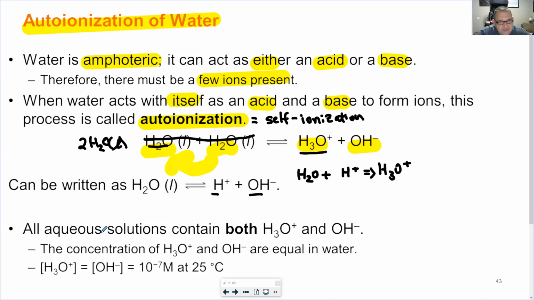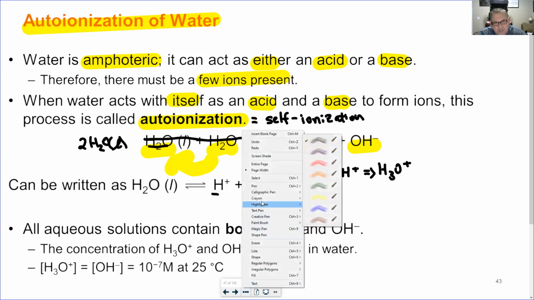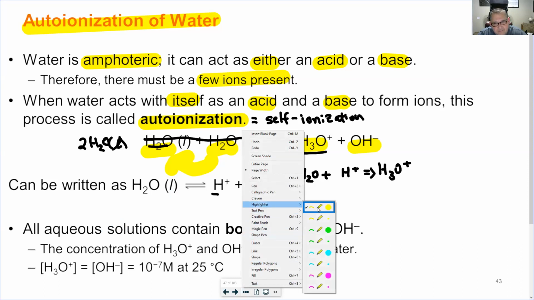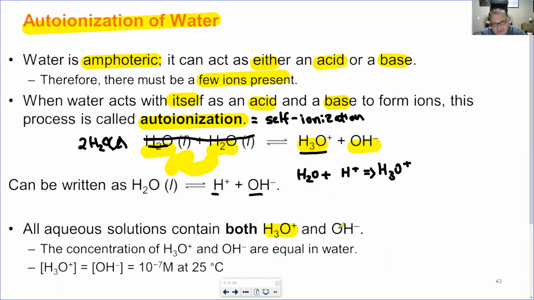When we look at solutions that contain both the H3O plus, the hydronium ion, and the hydroxide, OH minus, and the concentrations of these ions are equal to one another, like they are in pure water, that is a unique case in aqueous systems.